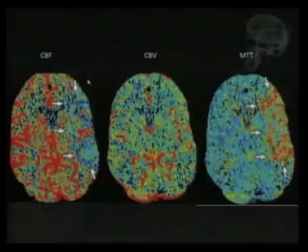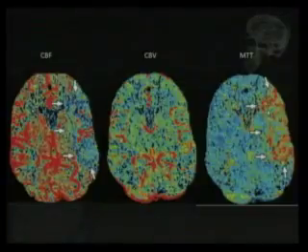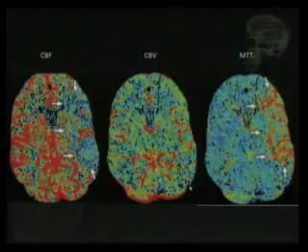Okay? So blood flow will always be decreased. Mean transit time will always be increased because it's going to take longer. And the key one is going to be the blood volume. If the blood volume is preserved, that brain tissue is still alive.